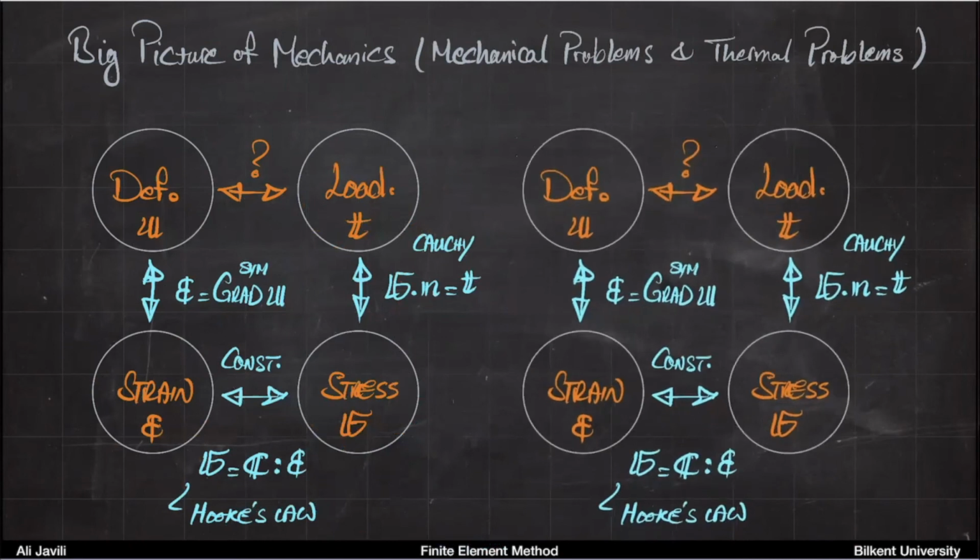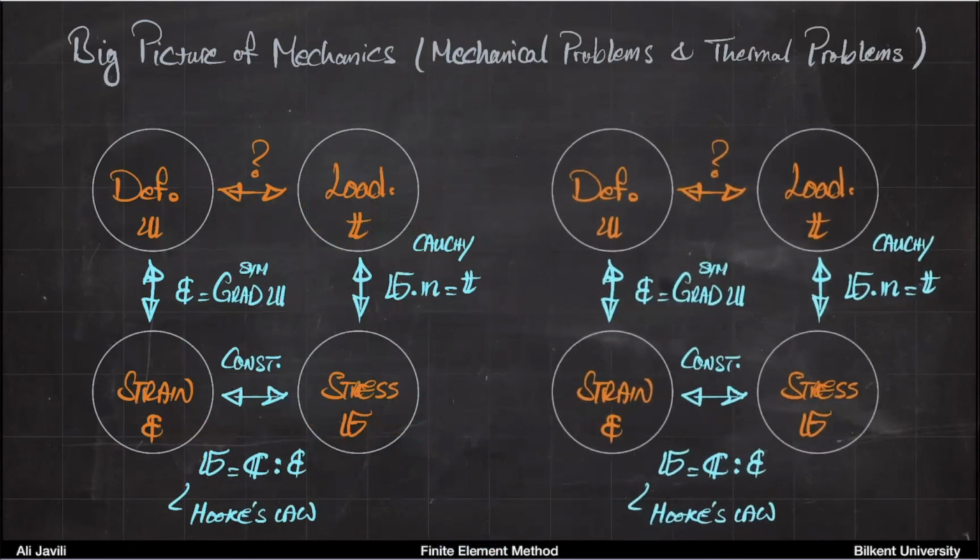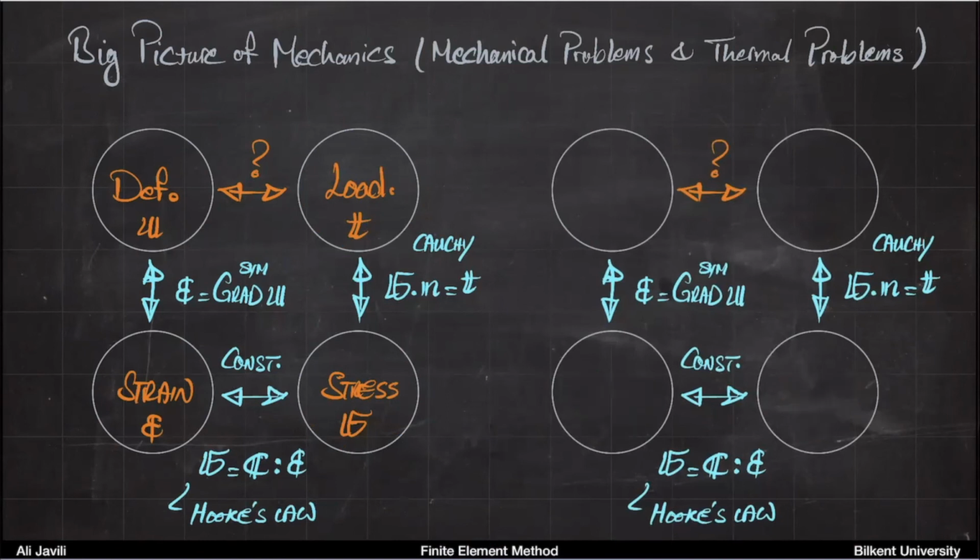So remember this thing. Let's say the left-hand side is the mechanical problem. Now, what we can do is to construct a thermal problem from that. So this looks like that.